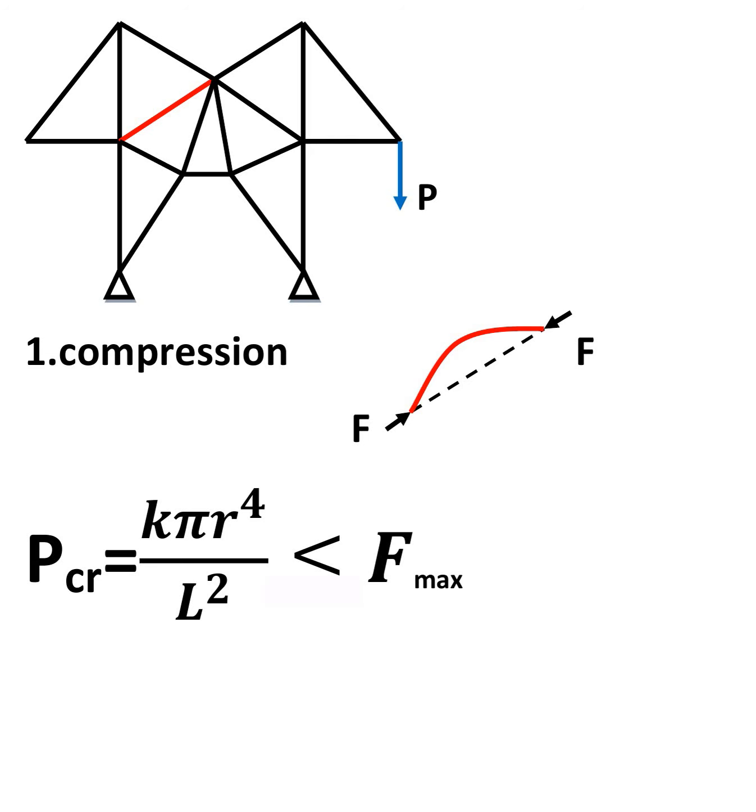Also, L, the length of the member, is fixed because its endpoints are fixed. So the only thing we could change here is R, the radius of the cross section. So we should increase it, or we should make the red member thicker.